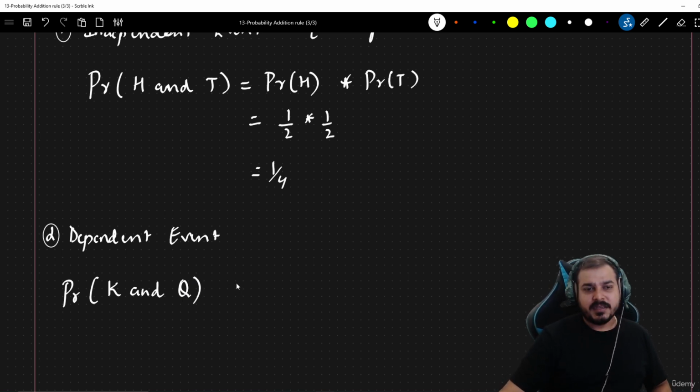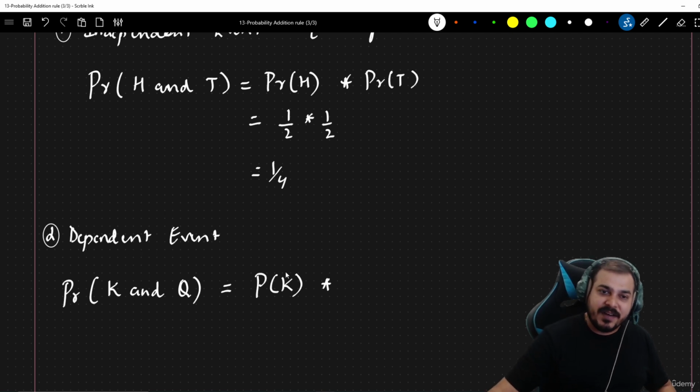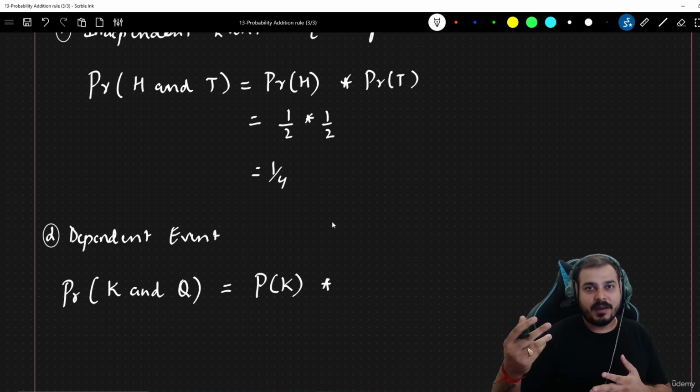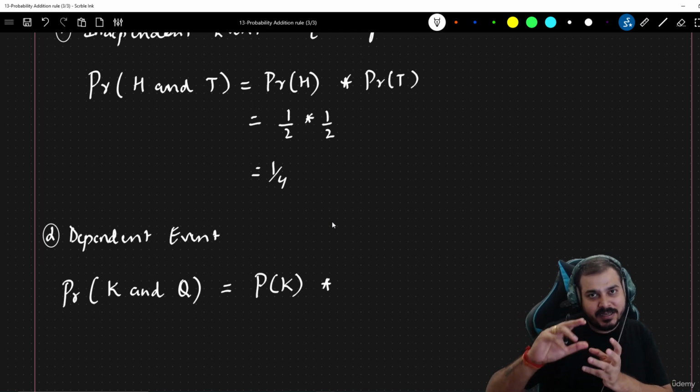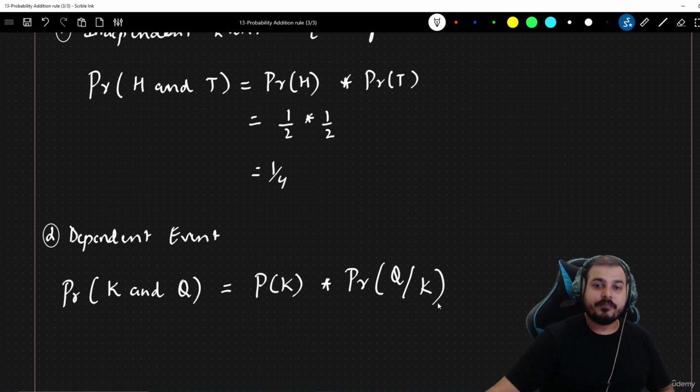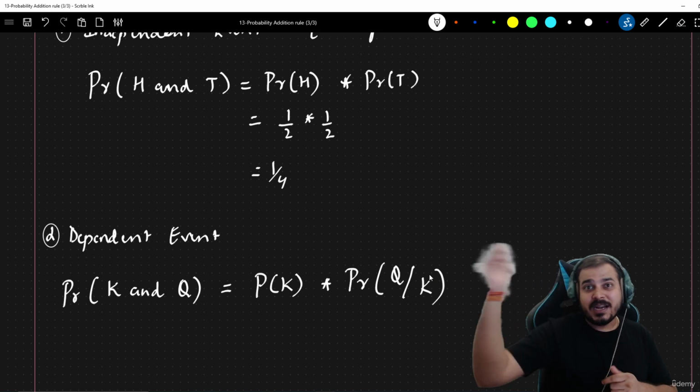In this case, my formula will become probability of K multiplied by, remember this is a dependent event, once I take out the K card, the remaining number of cards will be 51. So the probability will change here. So I will say probability of K multiplied by probability of Q given K, because I'm trying to find the probability of Q and I have already removed the K card.